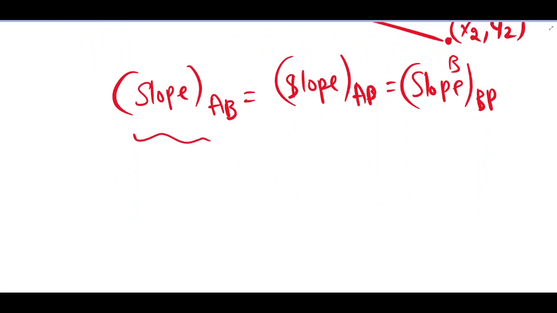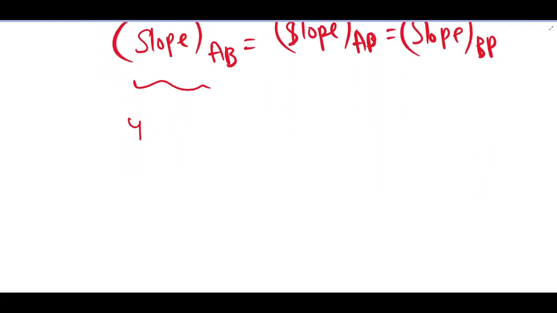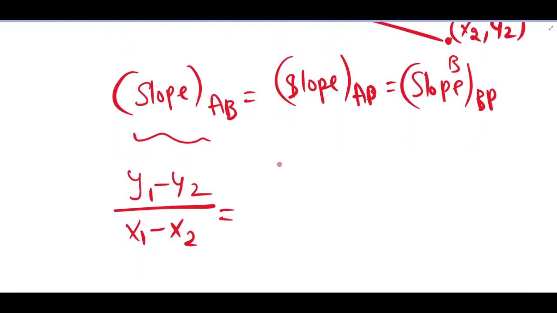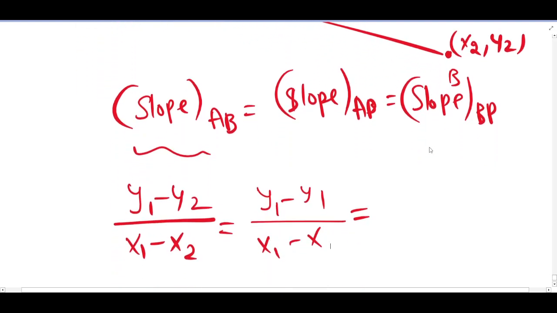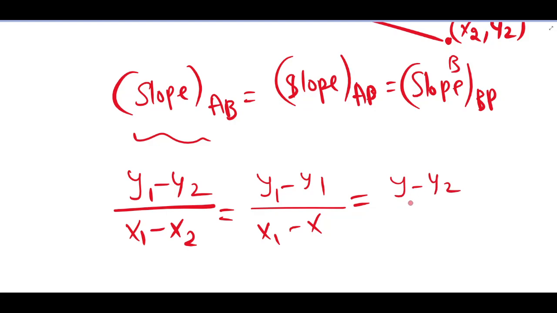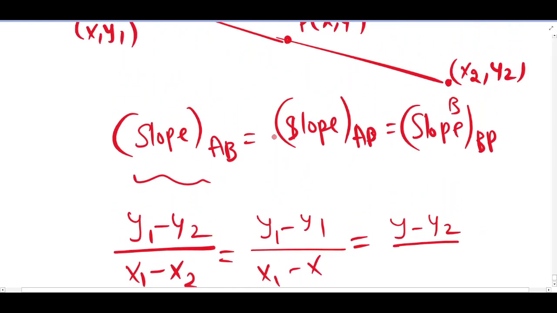So slope of AB is equal to y1 minus y2 divided by x1 minus x2, and the slope of AP is y1 minus y divided by x1 minus x, which is equal to slope of BP, which is y minus y2 divided by x minus x2.